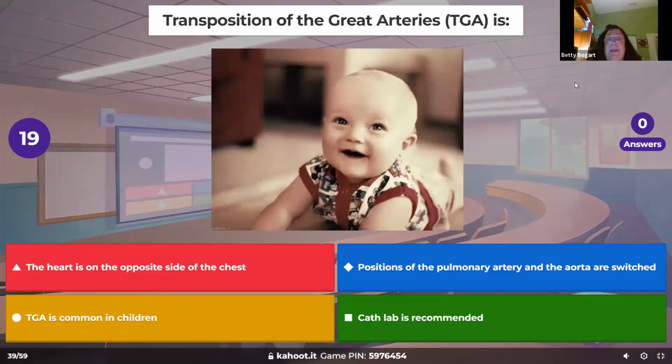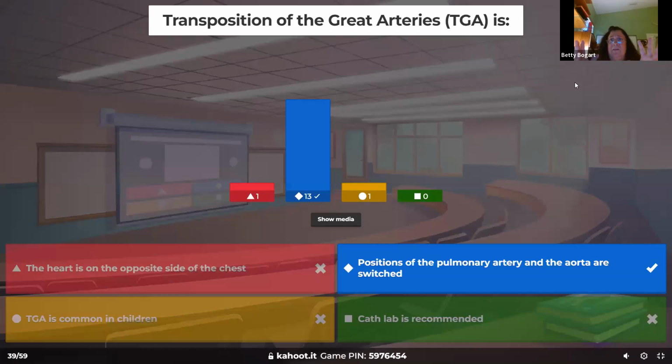Transposition of the great arteries. Transposition of the great arteries completely puts pulmonic on one side and all of your systemic circulation on another, and they are not meeting. That means this child is not oxygenating at all. The aorta is where the lung should be, and the lungs are where the aorta should be.